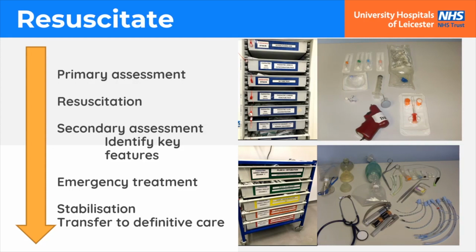In this case, with a recorded fever in a 12-day-old, that would involve antibiotics and fluids, for example. As we give those emergency treatments and continually reassess, we ultimately will achieve stabilization and be able to transfer this patient to definitive care.